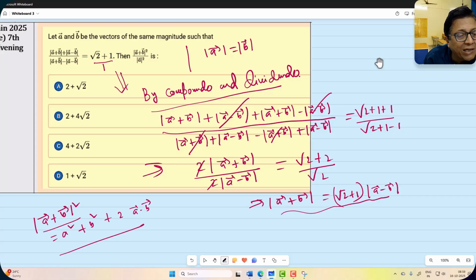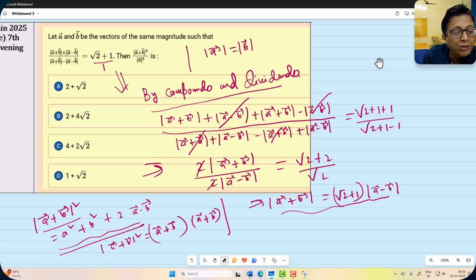Left side is scalar, right side is also scalar. In the class I have explained how this can be reduced to this. You write this as A plus B dot A plus B. Then simplify it and dot product commutative, so you get this one.